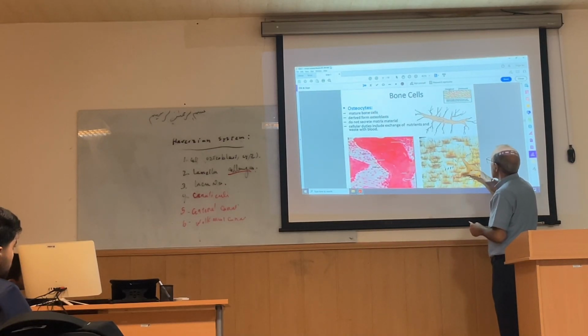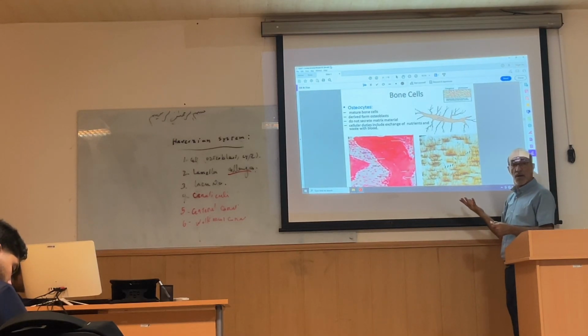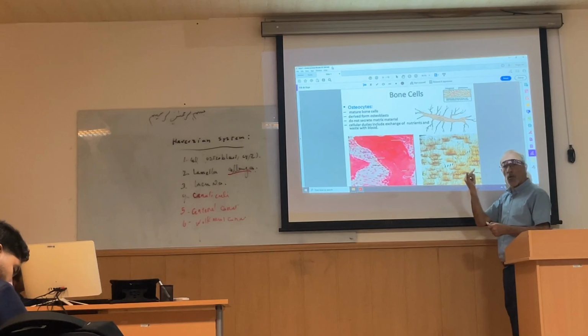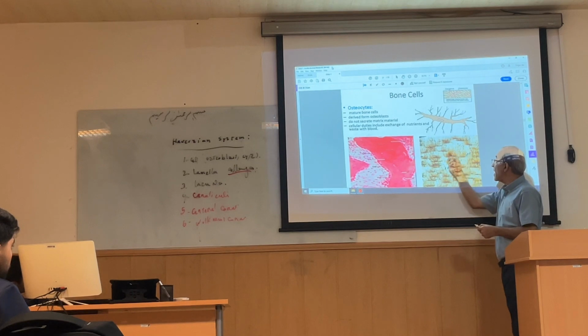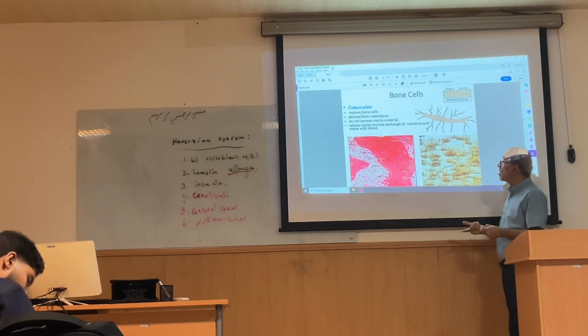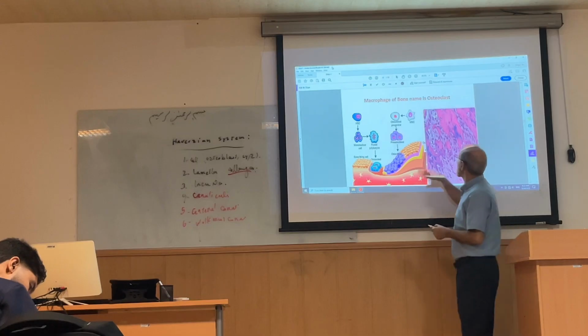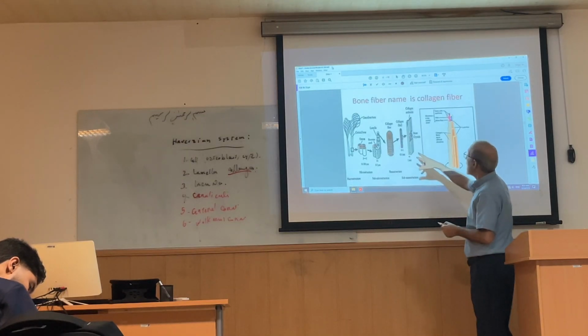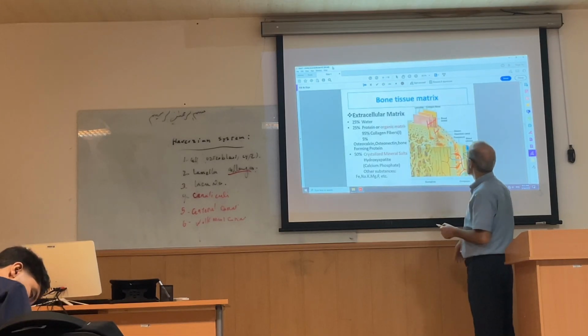This is osteoblasts. This is canaliculi, with the osteoblast or osteocyte, and this is lamella. What does lamella mean? Lamella is a collagen fiber. Very good. Please check this lamella.